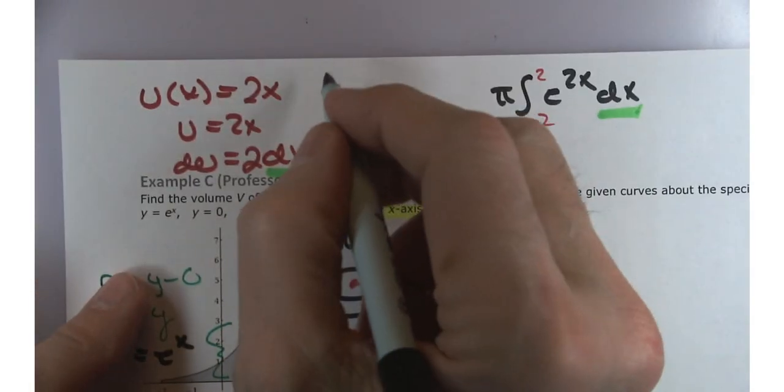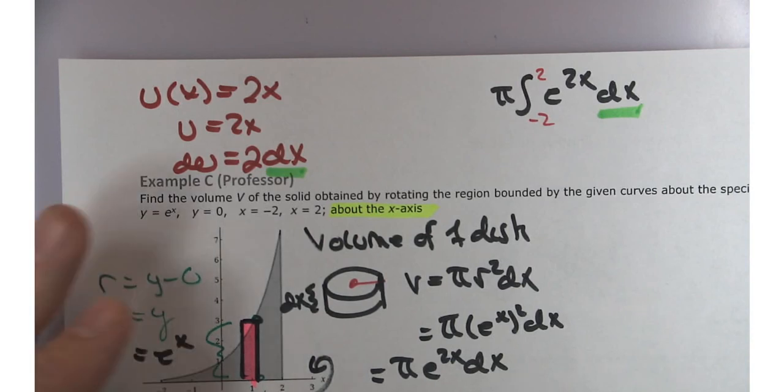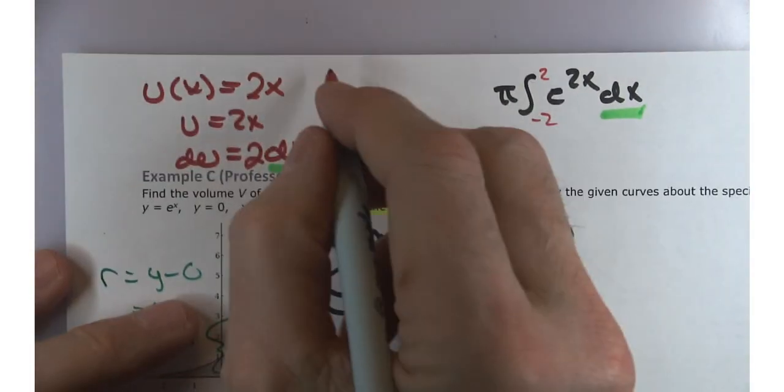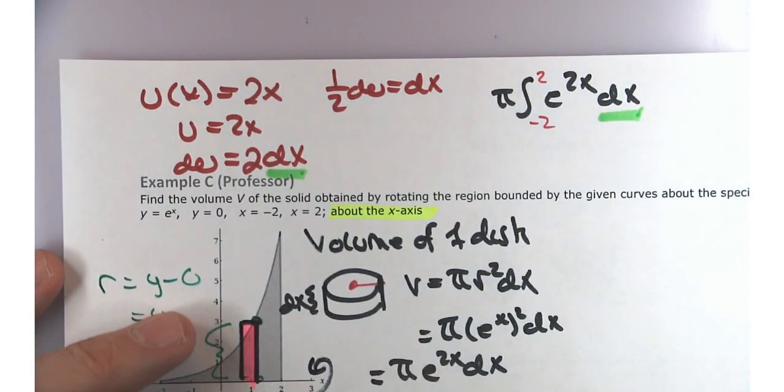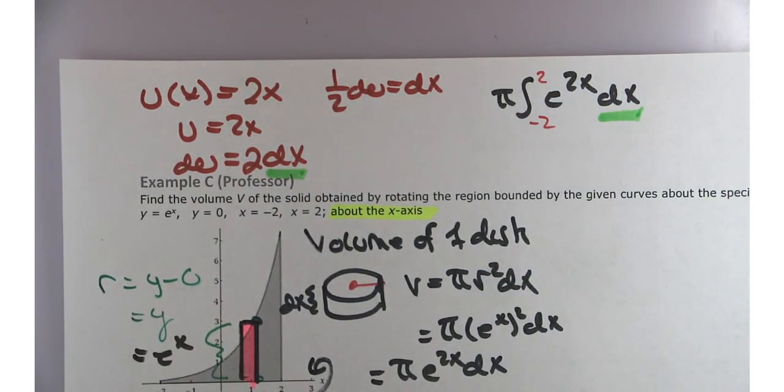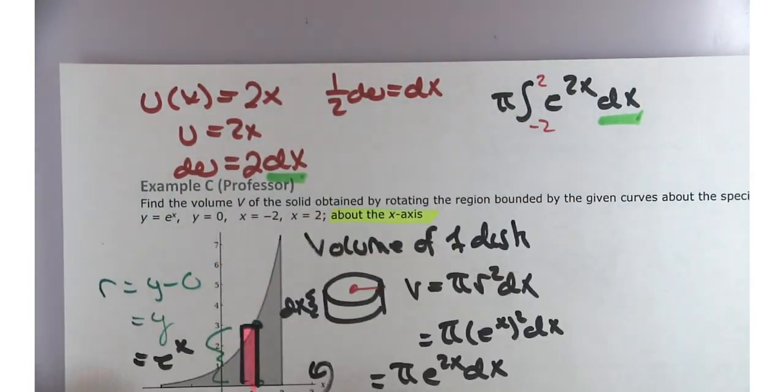That's going to be 1/2 du equals dx. And there's one more thing that I need to do so I can do my integration. What would that be? Take u of 2 and negative 2. Yeah, I need to change my limits, right? So let's put in u of 2 and u of negative 2.